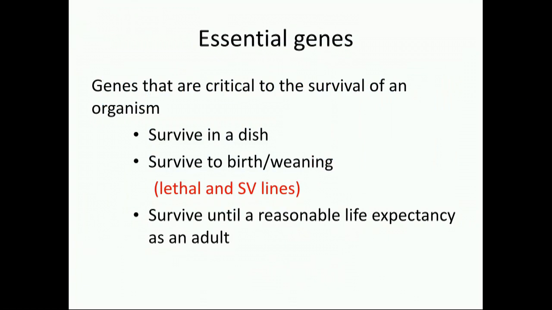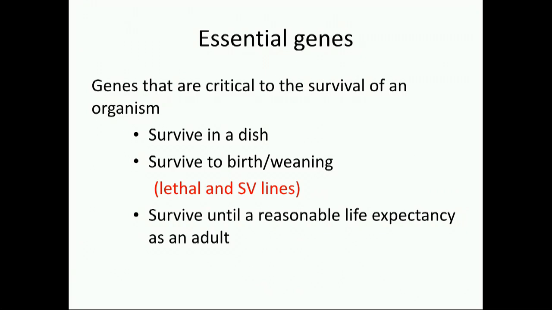So essential genes, I want to talk about the role of essential genes. Essential genes have been described in a variety of different circumstances, and essential is a general term, and it really lends to definition for individual experiments. So some people consider essential genes needed for cells to survive in a dish. In our case, we are characterizing essential genes as those needed to produce a viable animal.